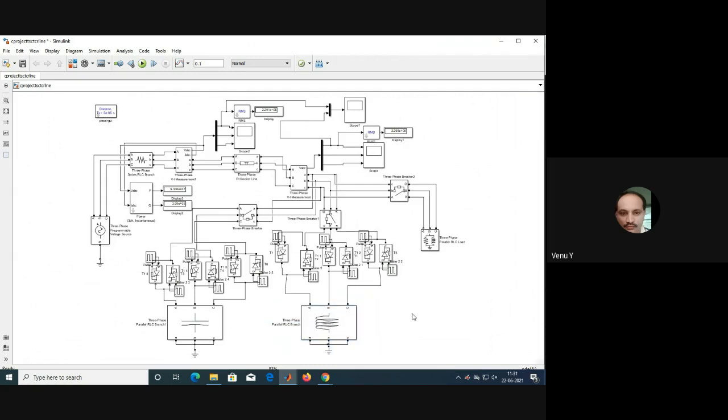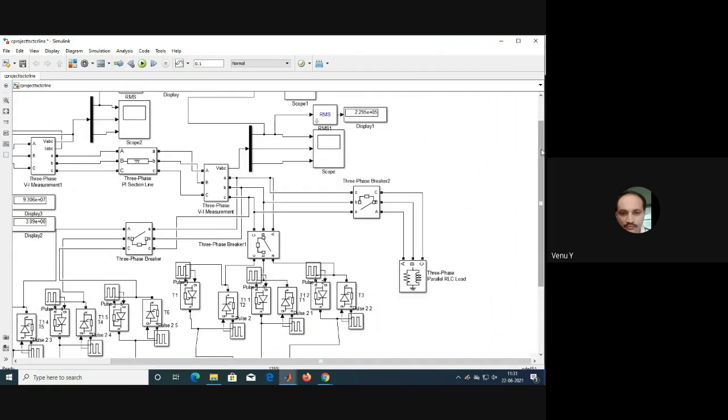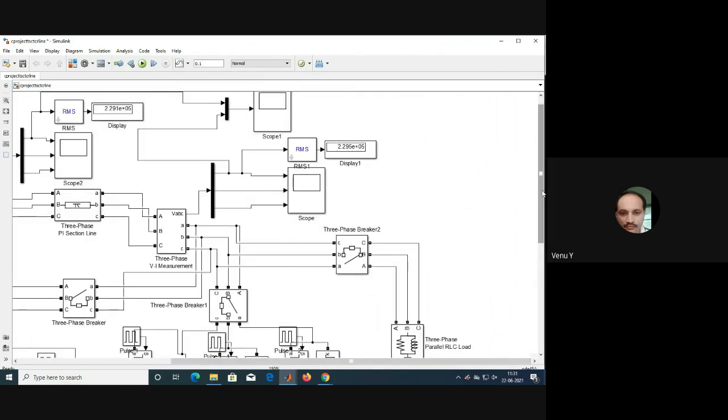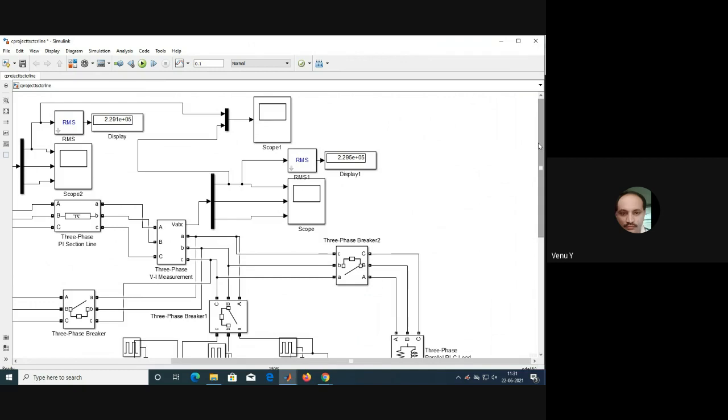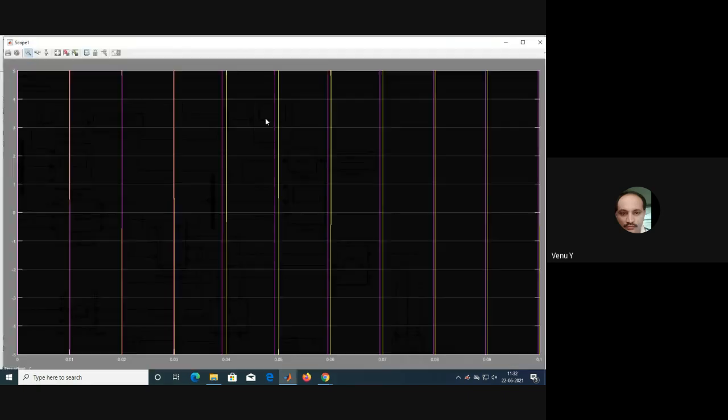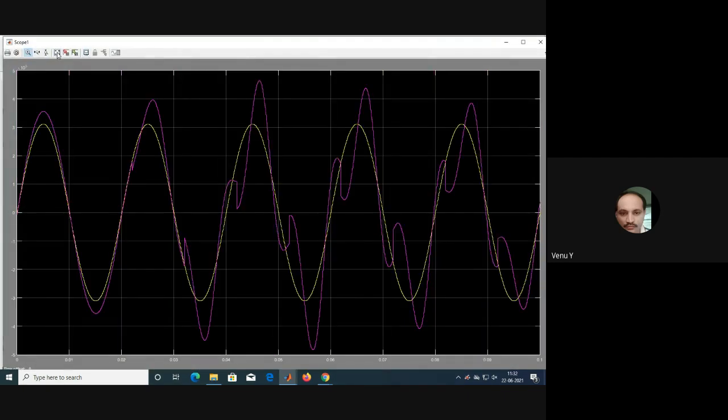Okay. Now you can simulate this. Let us simulate this. Now sending end voltage RMS value 229, receiving end 229. So both are equal. Small deviation you can neglect that, and you can measure the receiving and sending end voltages.